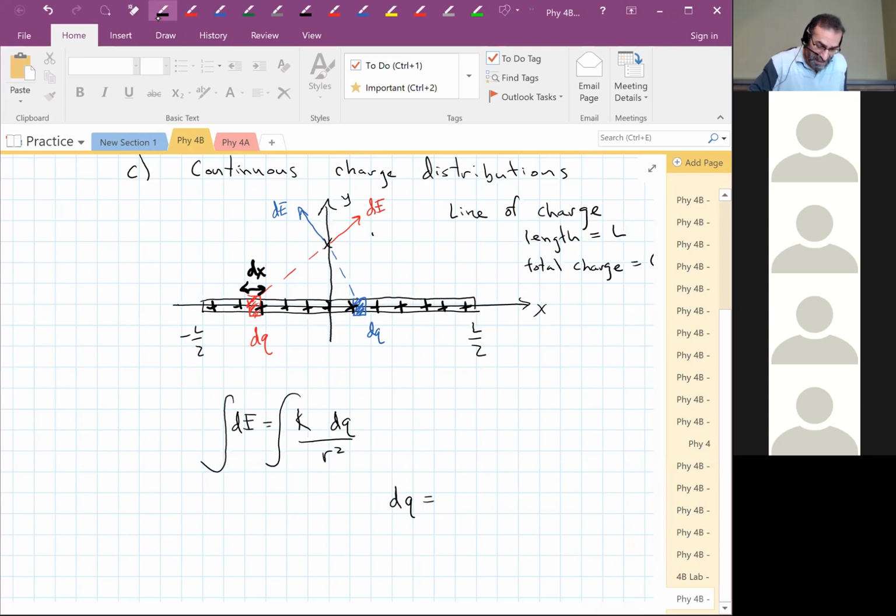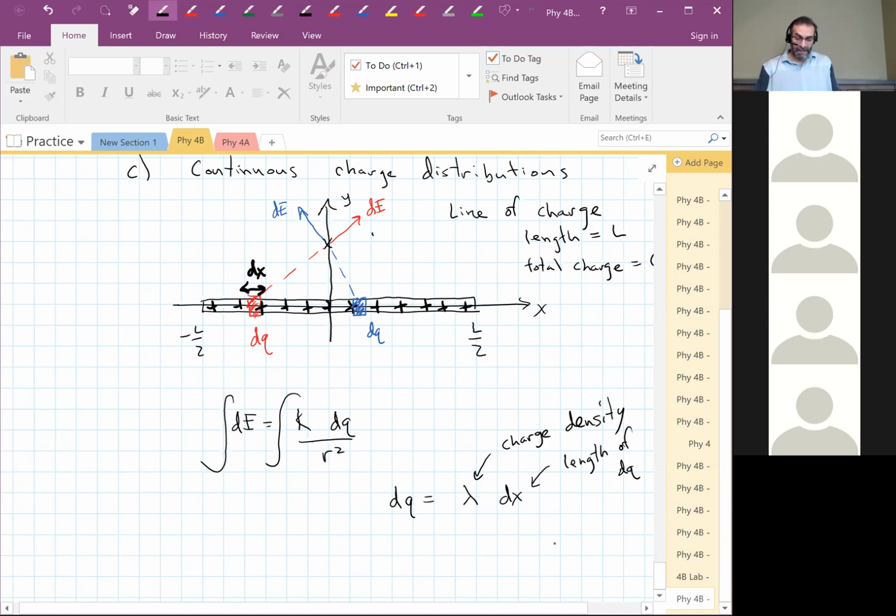So it's the distance multiplied by the density, right? We're trying to find how much charge is in a little tiny length along our rod. Well, we take the length and we multiply it by the charge density, the charge per unit length, right? Charge density is charge per unit length. And that gives us the charge.